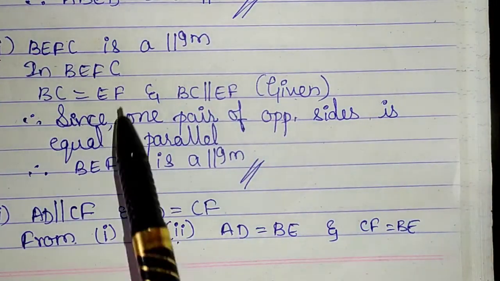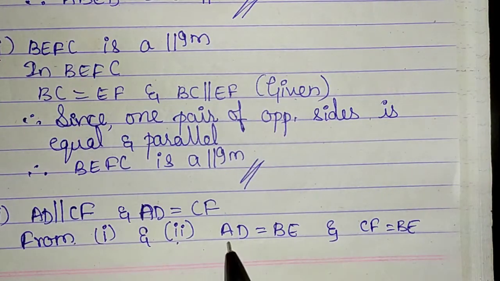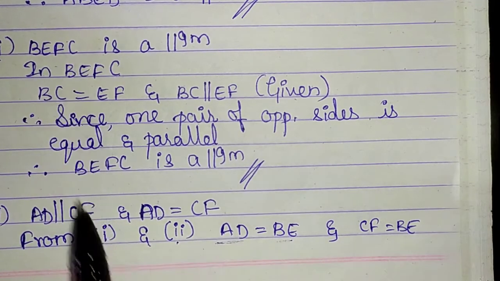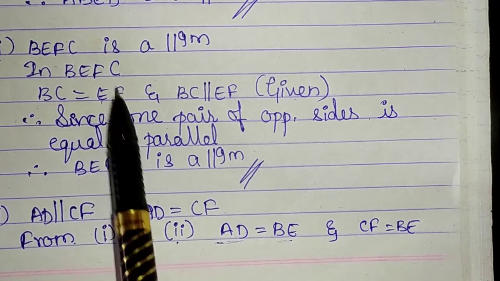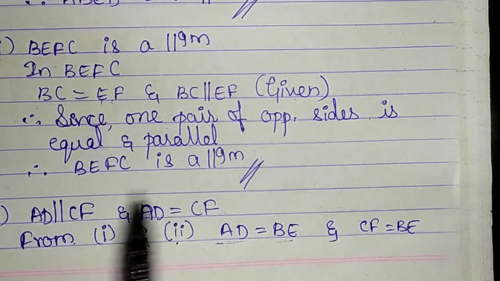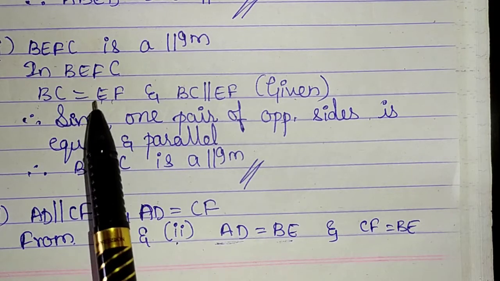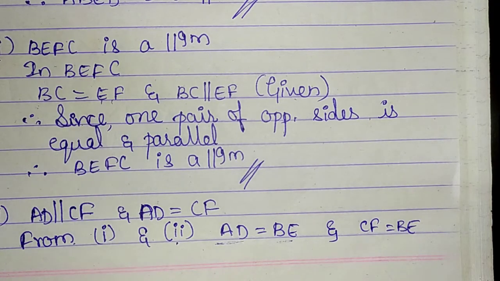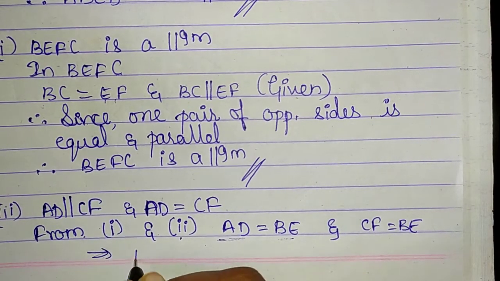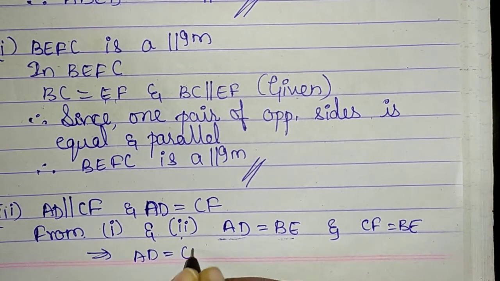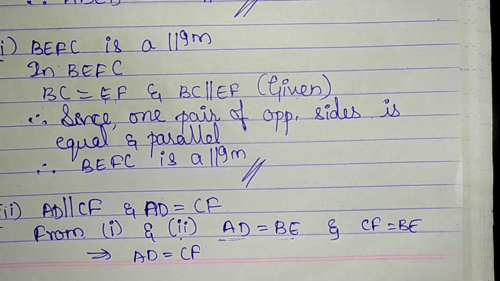Since ABED is a parallelogram, the opposite sides are equal. That is why AD is equal to BE, the opposite side. Similarly, BEFC is a parallelogram, and therefore, apart from BC and EF, the other two sides, that is CF and BE, are also opposite sides and they are also equal. So this implies AD is equal to CF.